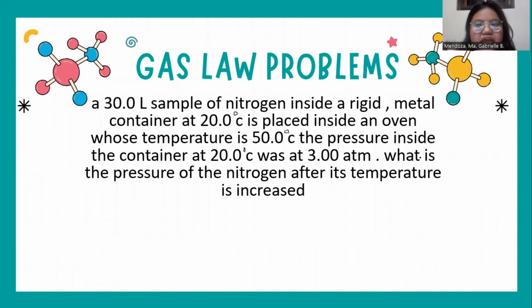Ayan. So, here, makikita natin na given tayo ng volume, which is 30 liters sample of nitrogen container with 20 degrees Celsius. And then, another temperature we are given is 50 degrees Celsius. And binigyan din tayo ng pressure.